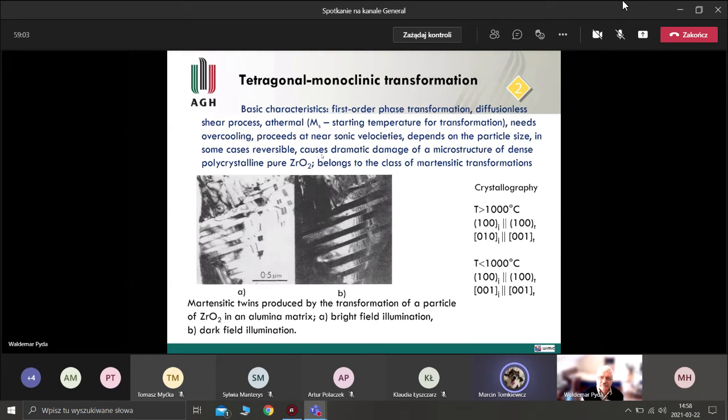No, the places in the crystalline structure which are free, which are empty, yes? Yes. And how to call those empty places? Vacancies. Yes, that's right, vacancies, for example, or interstitial places, yes.